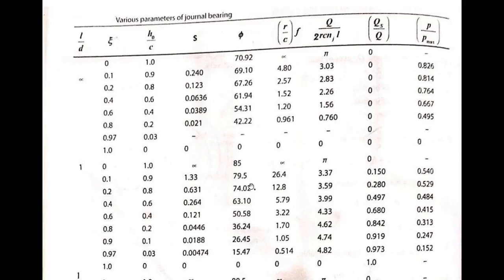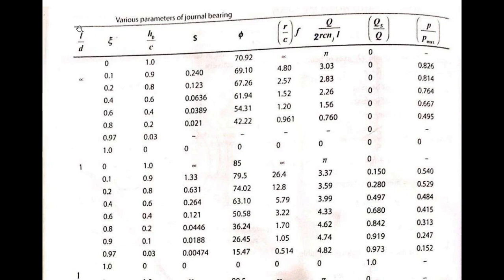For different values of beta, there is a different graph. Similarly, this is for minimum film thickness variable h naught upon c. So there are several graphs obtained by Raimondi and Boyd. We will not use the graph. We have to use this table. It is also proposed by Raimondi and Boyd.